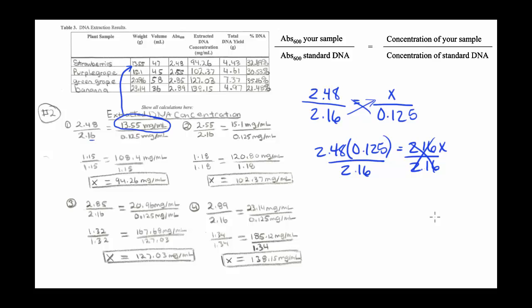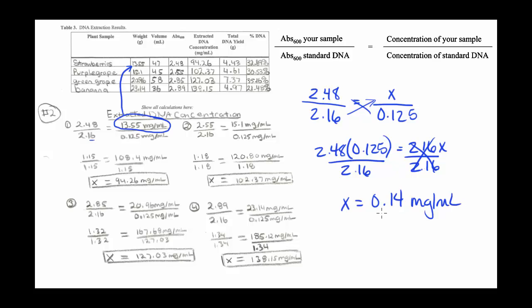So if I just punch that in really quickly here, okay, so when I do that, I get x is equal to 0.14 if we just round it, and that's going to be milligrams per milliliter.